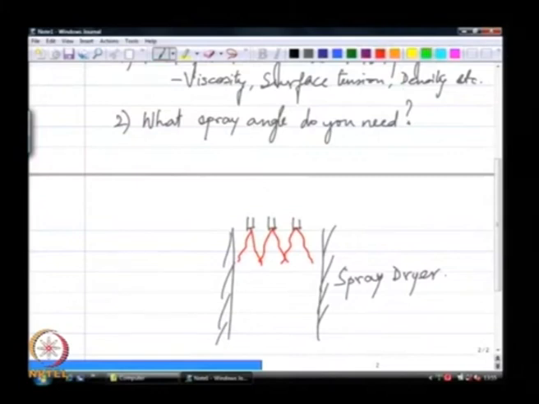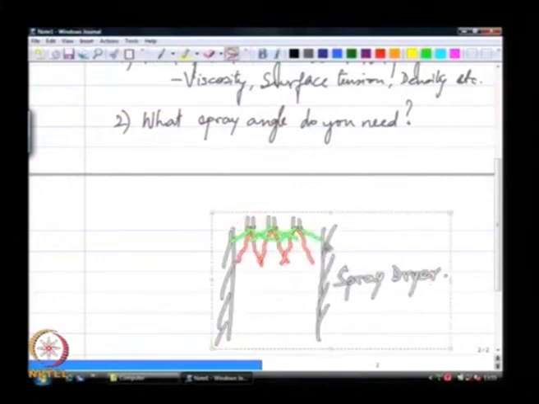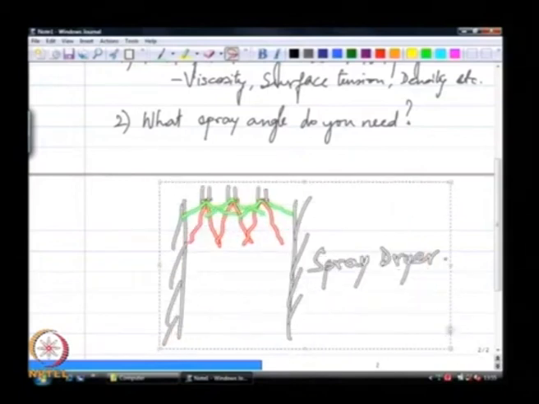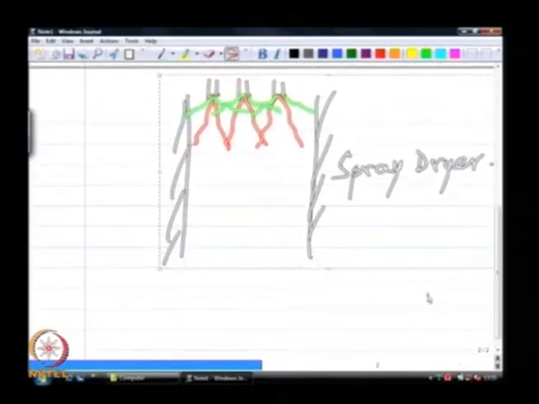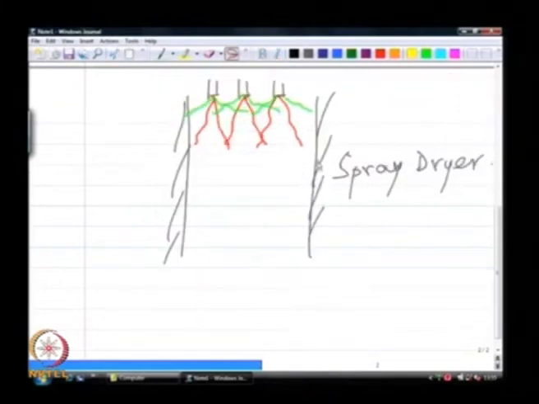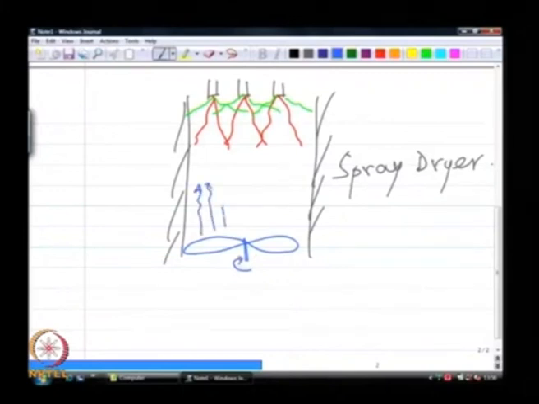If I make these too wide, then the issue of impingement on the walls, etc., becomes relevant. So, let us say I have a fan here that is driving an air stream. So, I am putting out hot air here.